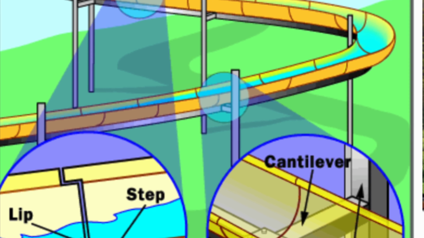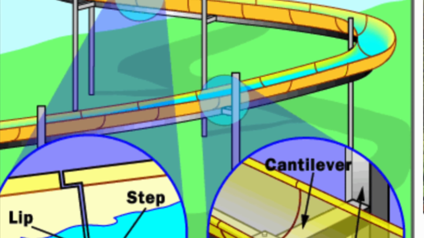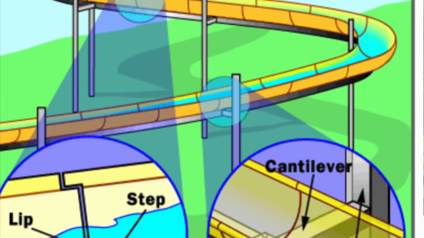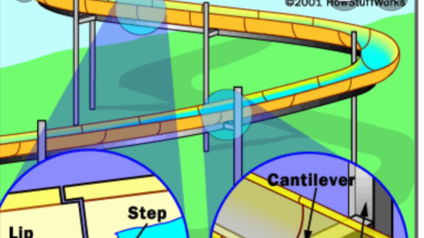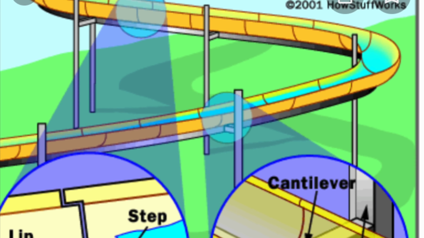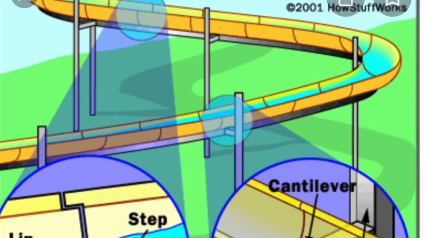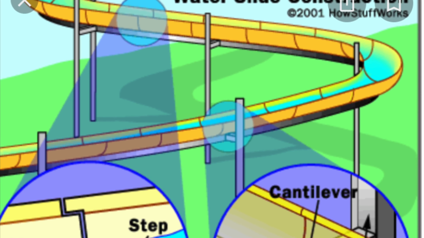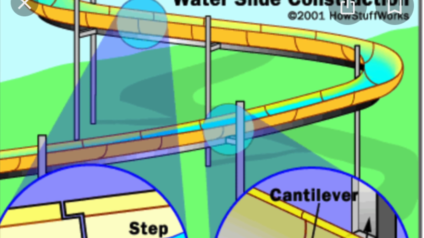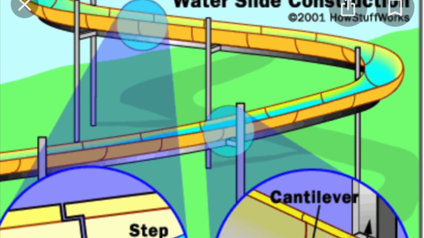They have a lip, they have a step, and this is the design of how water slides are made, and it's very interesting. I'm no expert at these kinds of things, but you can see it discussed in the construction of a water slide.